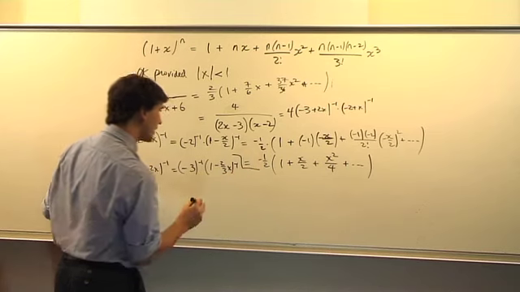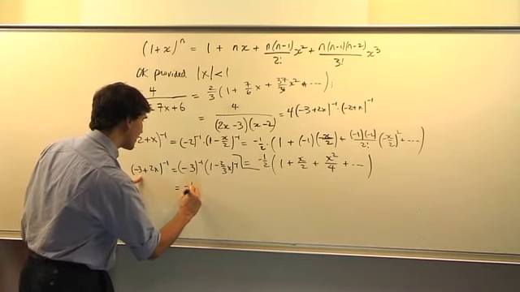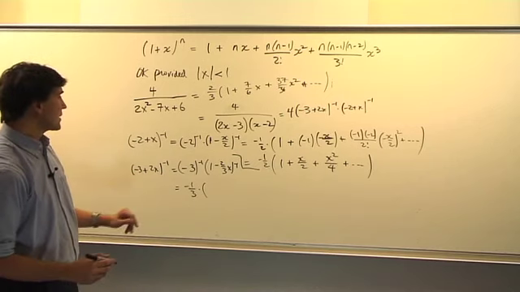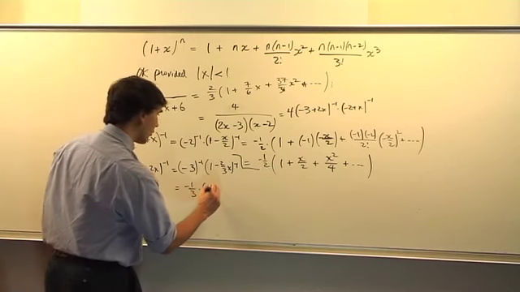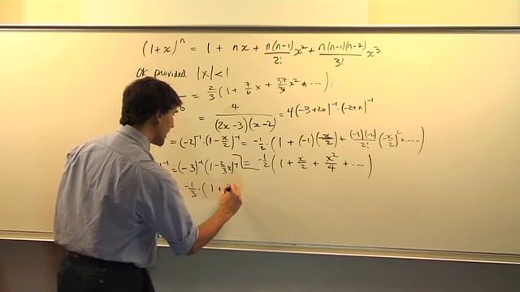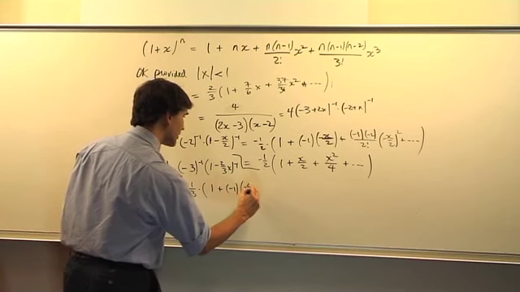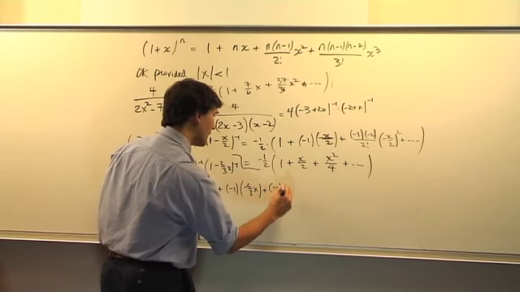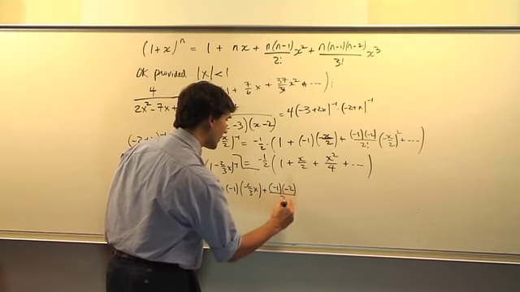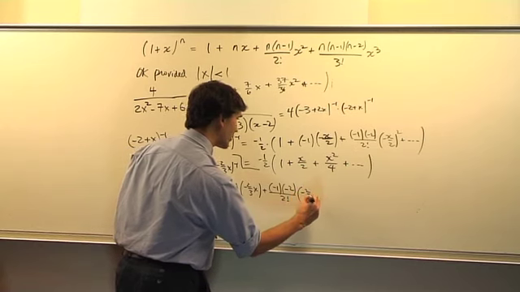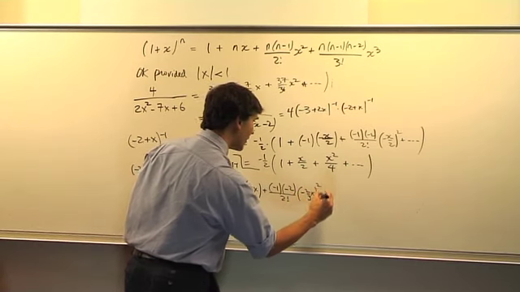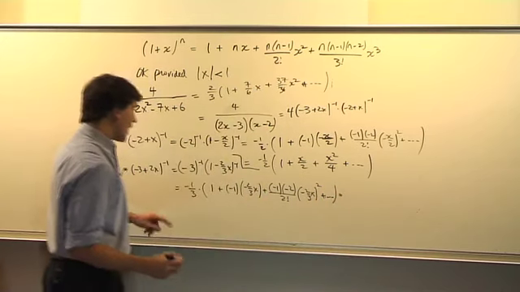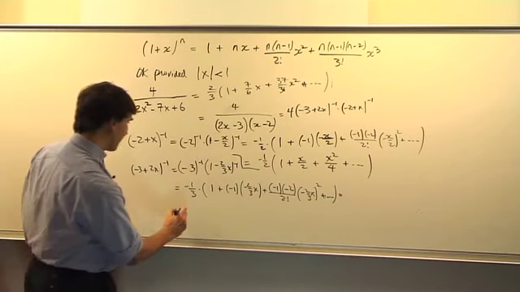So it is minus 1 over 3 times the binomial expansion of this, which is 1 plus n, which is minus 1, times minus 2/3 x, plus n times n minus 1 divided by 2 factorial times minus 2/3 x squared, plus dot dot dot.